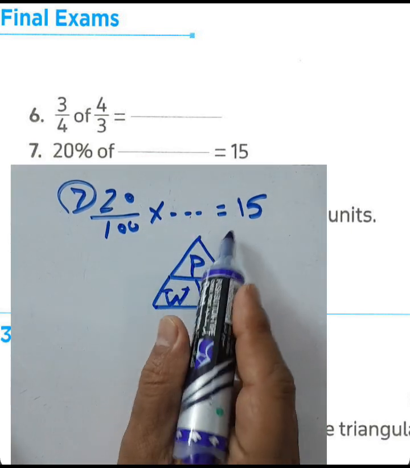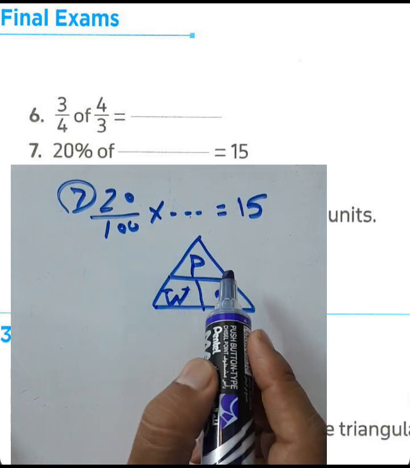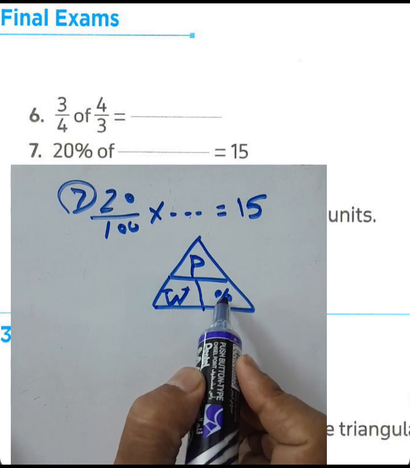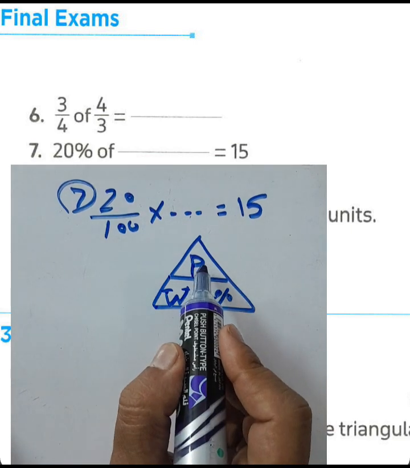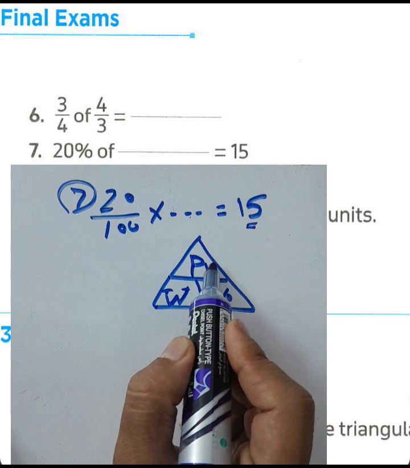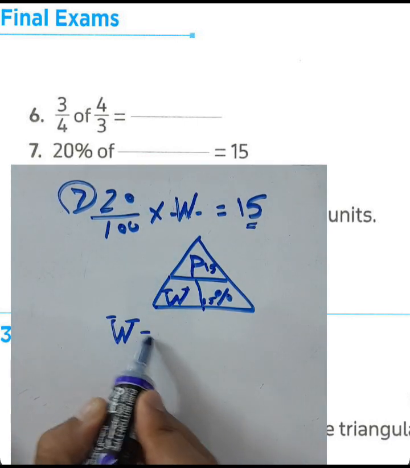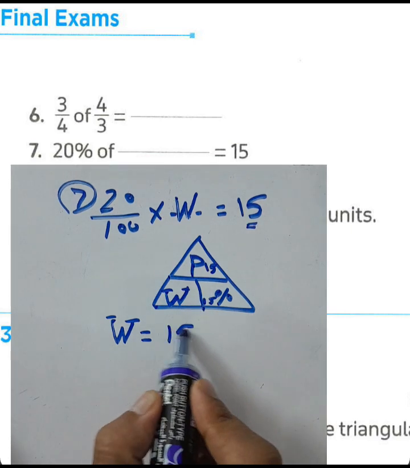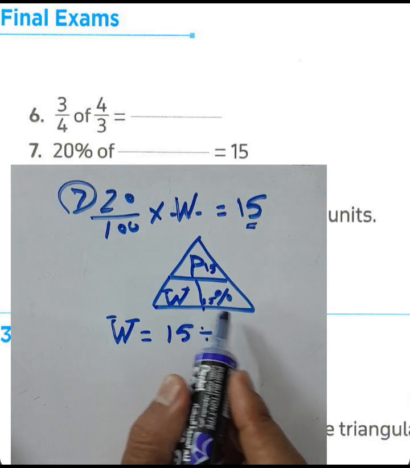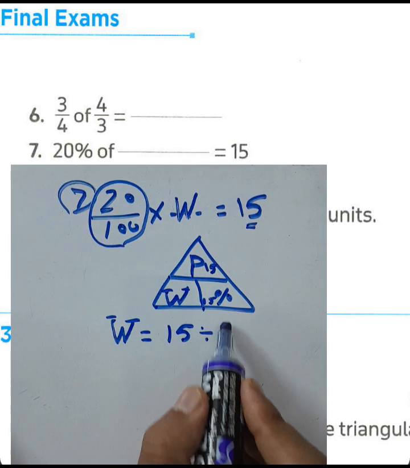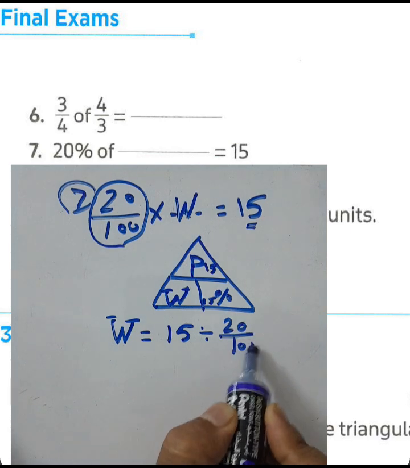You can write the percentage here in the numerator, and here the part was 15. Then to find the whole number you must write the part 15 divided by the percentage 20%. 20% is simply 20 over 100.